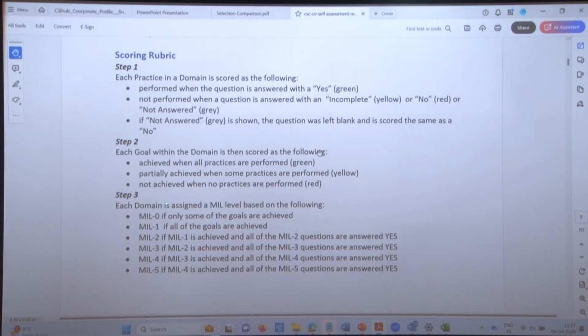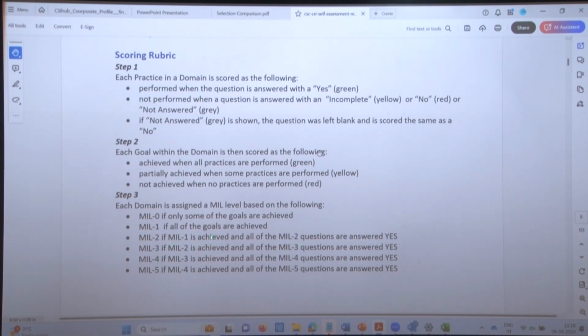So for a domain, let us say there are 5 goals, and let us say there are 20 practices across all the goals. If I am doing all the practices, that is, all the practices are green, then that particular goal will be achieved, and if all goals are achieved for a particular domain, then we will say it is in the first maturity level.